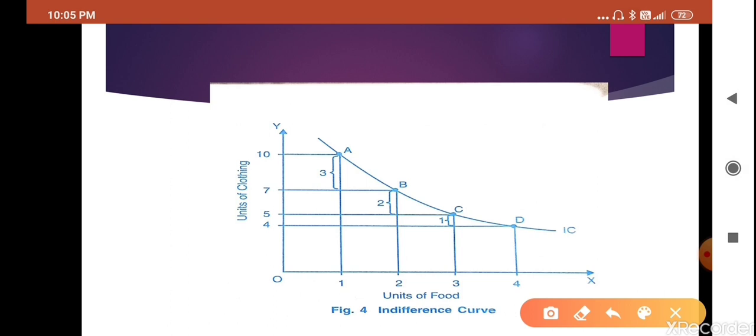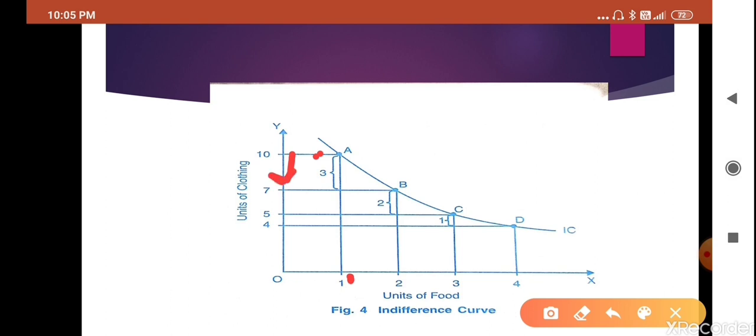In the first combination you are watching that for 1 unit of x, you have to sacrifice 10 units of y. Then as you are willing to add one more unit of x, you have to sacrifice 3 units of y.